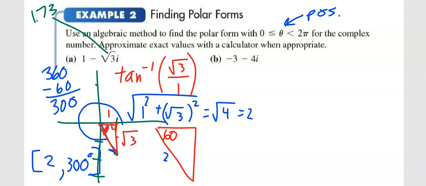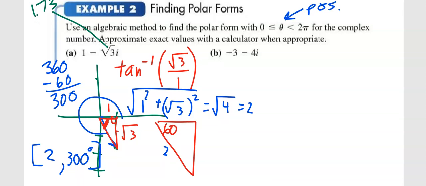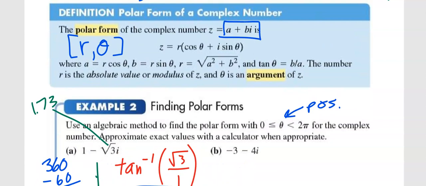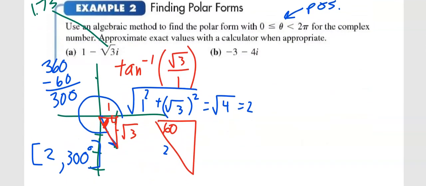Now, do we need to write the complex number in its polar form? Sure. In other words, we need to write it in the form that you see right there.